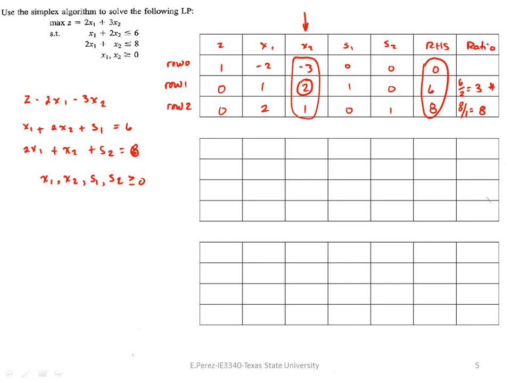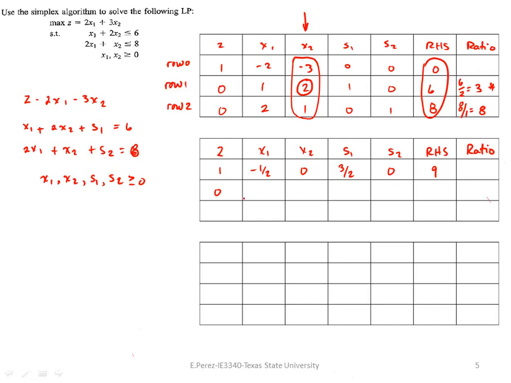So once you do those row operations, this is the second tableau. x1, x2, s1, s2, right hand side, ratio. So after the row operations, you have 1, minus 1/2, 0, 3/2, 0, 9.